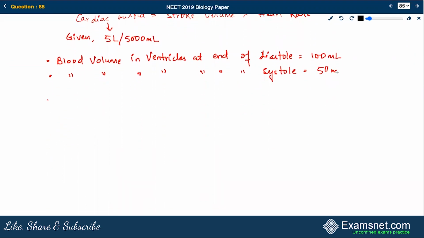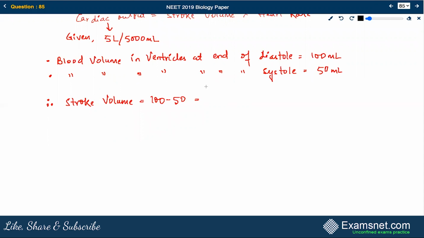So if we need to find out the stroke volume, therefore you can say stroke volume will be 100 minus 50. That means the volume of blood pumped by each ventricle per beat.